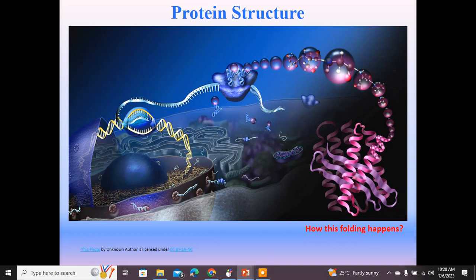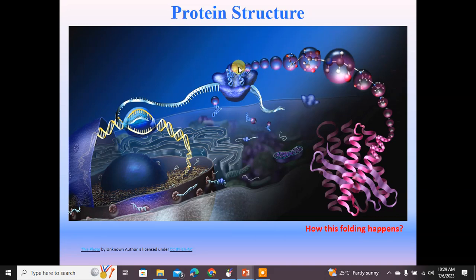This is a simple slide, and here I will tell you what protein structures are and how they are formed. If you can see, here I have shown you a cell, and the cell has DNA, and the DNA is transcribed and translated into amino acid sequences. What is an amino acid sequence?